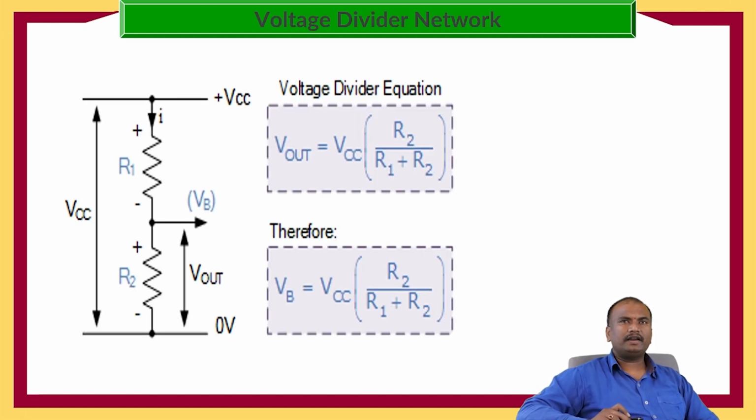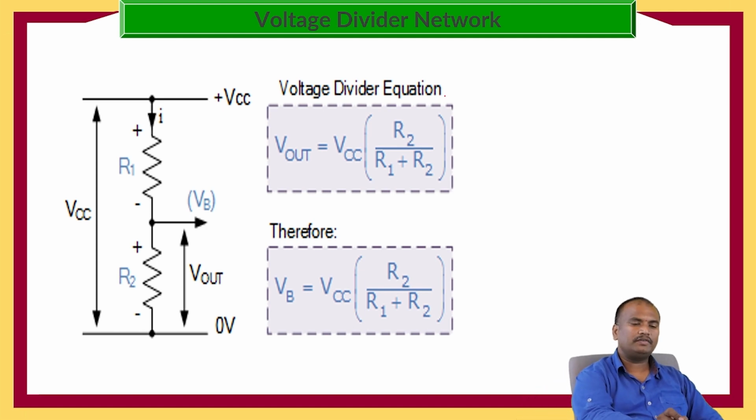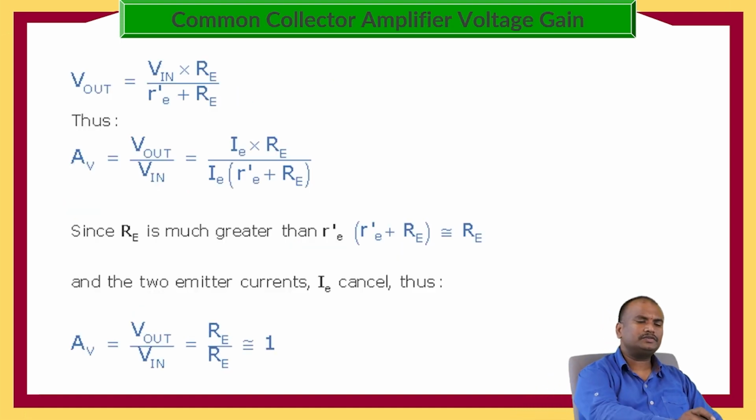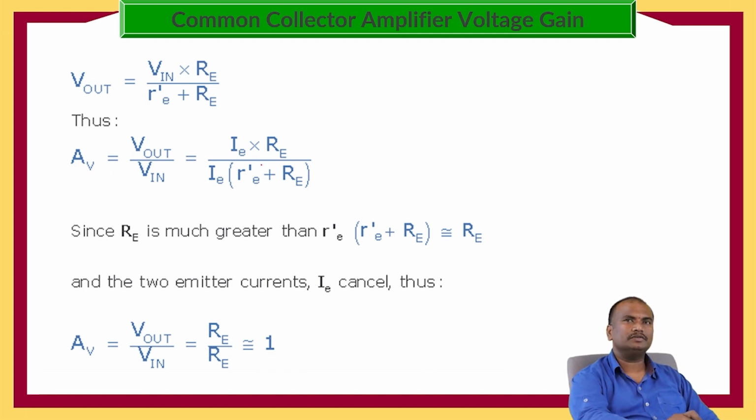Now the voltage divider network, with the voltage divider equation: V output is equal to VCC into R2 by R1 plus R2. From this, base voltage is equal to VCC into R2 by R1 plus R2. Here V output is equal to V input into RE by re dash plus RE, where AV is equal to V output by V input, which is equal to IE into RE by IE into re dash plus RE.